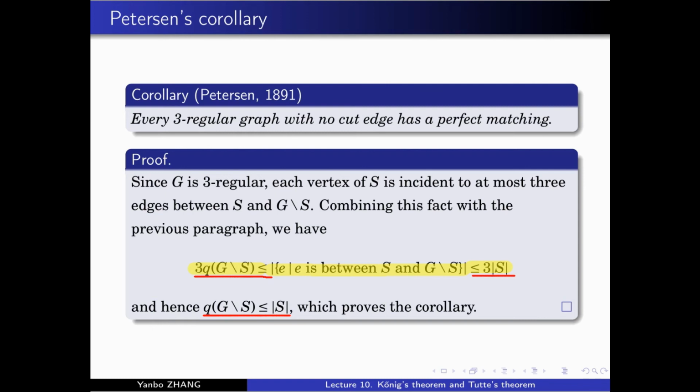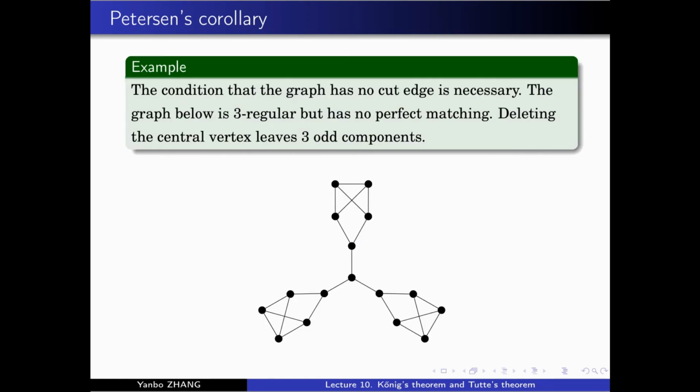By Tutte's theorem, it has a perfect matching. The condition that the graph has no cut edge is necessary. This condition cannot be deleted. The graph below is a 3-regular graph, but it has cut edges.